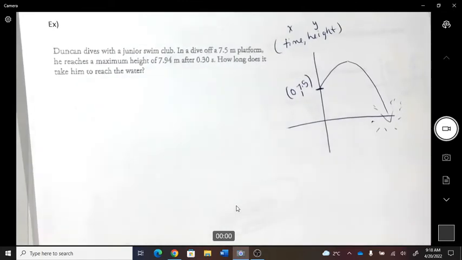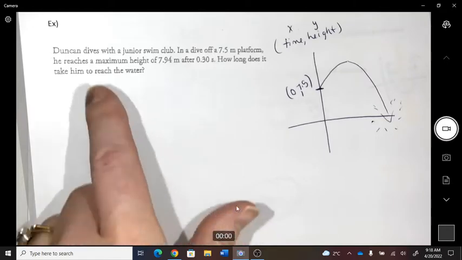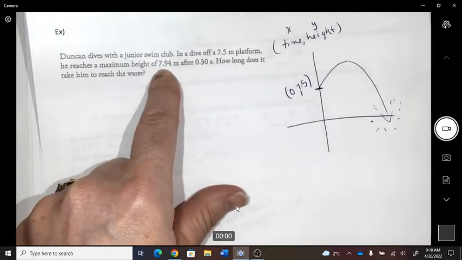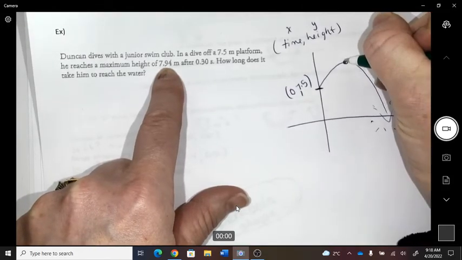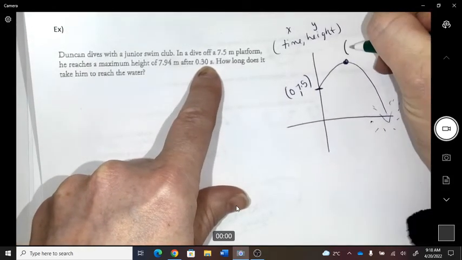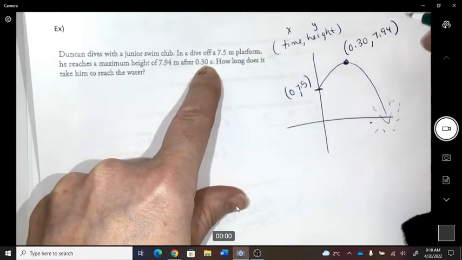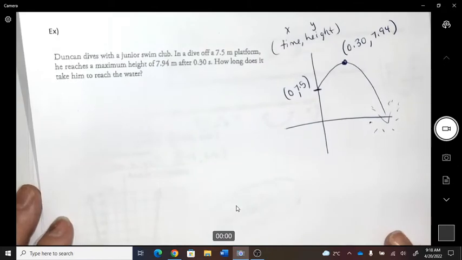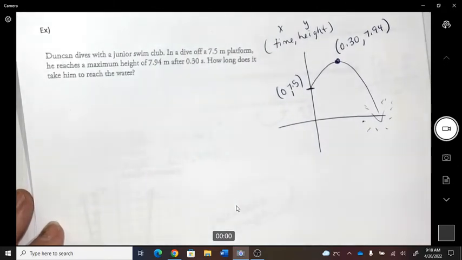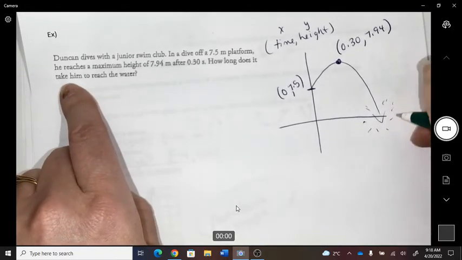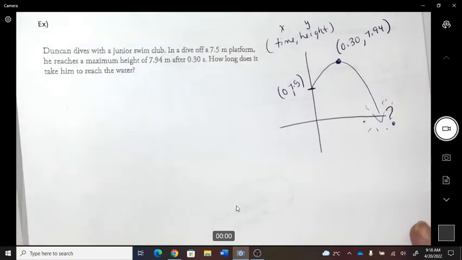The time is the x, and the height is the y. He reaches a max height after that. So this coordinate is the vertex, the max. How long does it take him to reach the water? So that's the question mark.